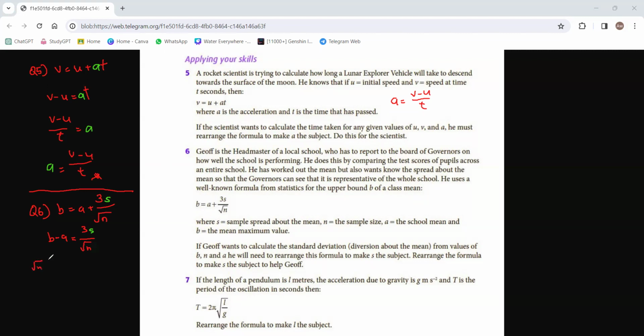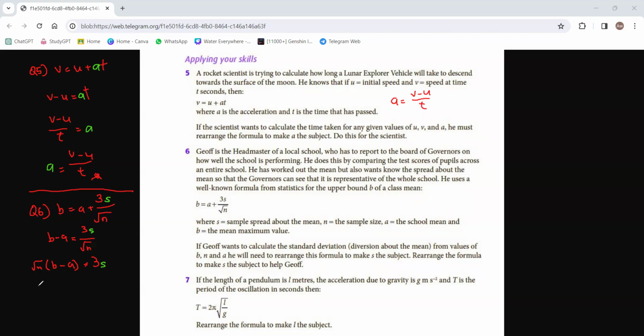square root n bracket B minus A equals 3S. Then we know that here 3S is equivalent to 3 times S. So we will move the times 3 to the square root n bracket B minus A side.